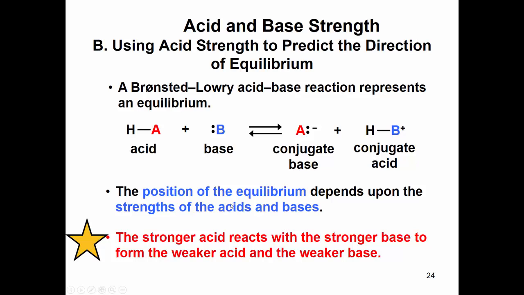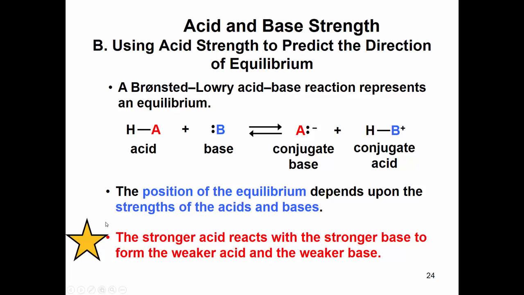All right, so the position of the equilibrium is going to depend on the strength of the acids and bases. So whether there's more products being formed or more reactants being formed depends on the strengths of these acids. I have this starred, so this is very, very important.